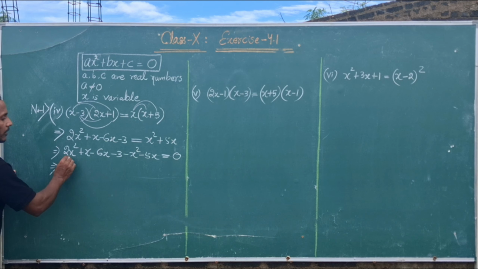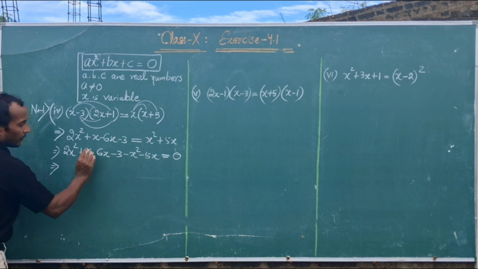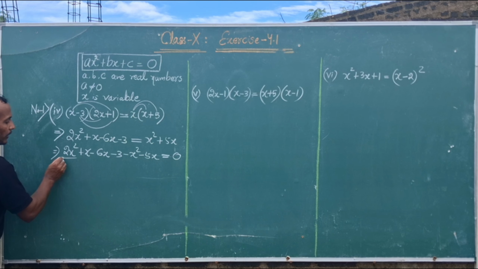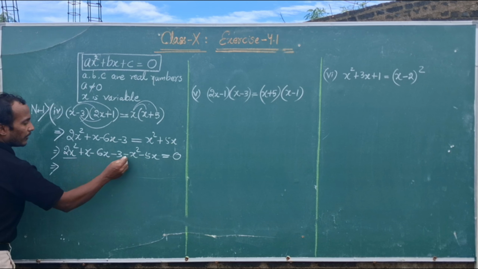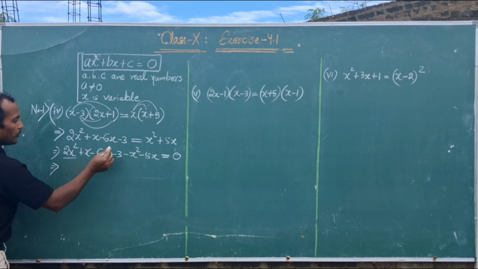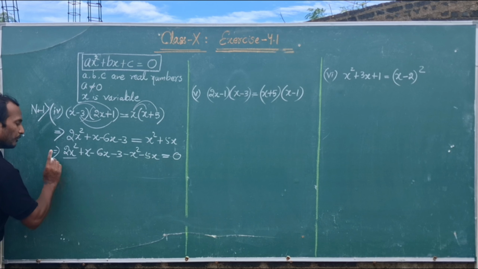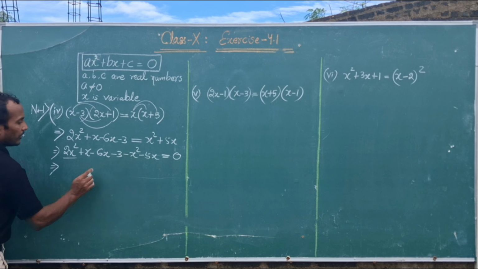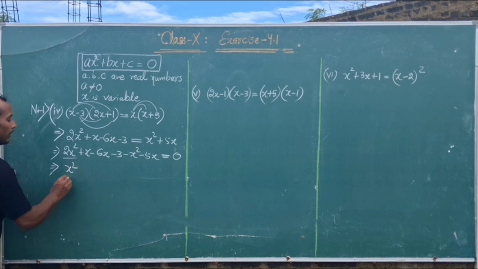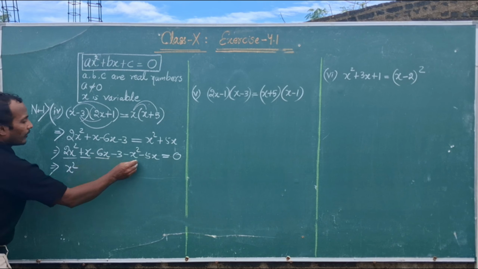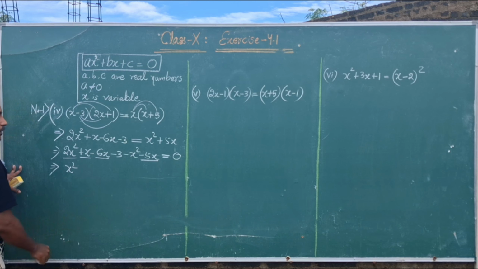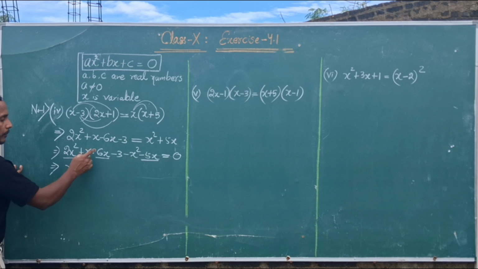2x square has a like term, minus x square, on the left side now. 2x square has coefficient plus 2 and minus x square has coefficient minus 1. Plus 2 minus 1 gives you plus 1. In other words, 2x square minus x square is 1x square. Plus x, minus 6x and minus 5x: these three are like terms. They all have the variable x with power 1.